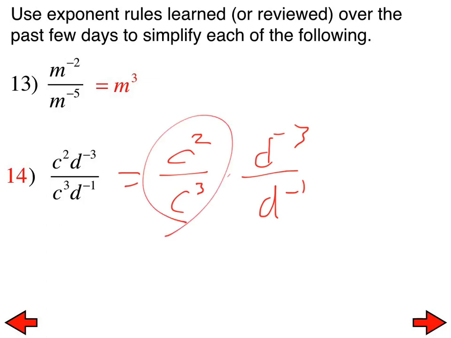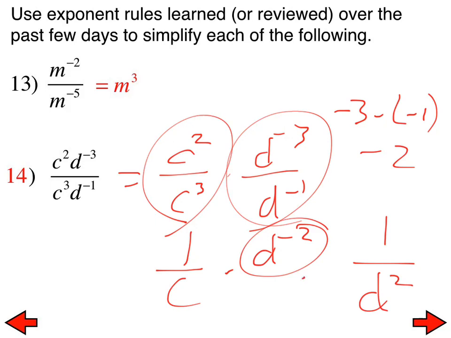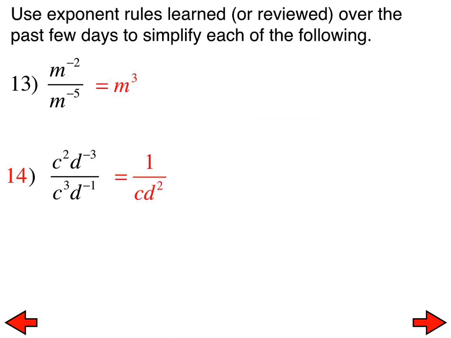And this part right here is 1 over C, and this part right here, remember we subtract exponents when we are dividing. Negative 3 minus negative 1 is negative 2. So we have times d to the negative 2, but remember, d to the negative 2 is 1 over d squared, so we basically have 1 over c times 1 over d to the second, and that would give us 1 over c d squared.